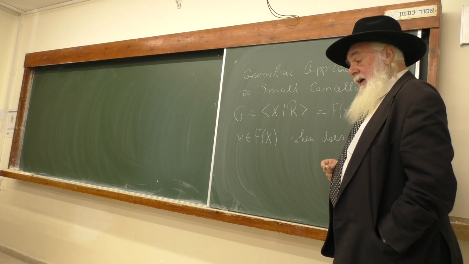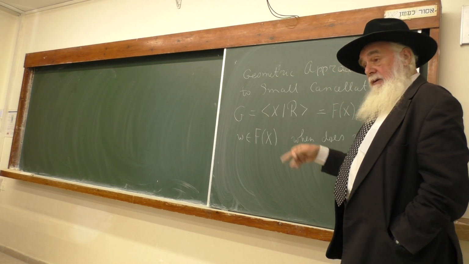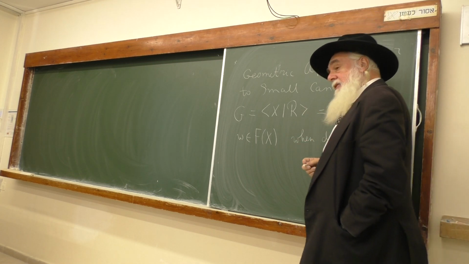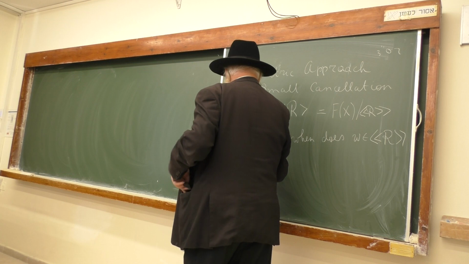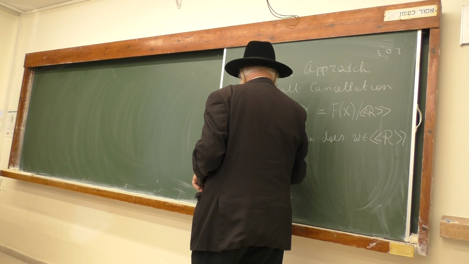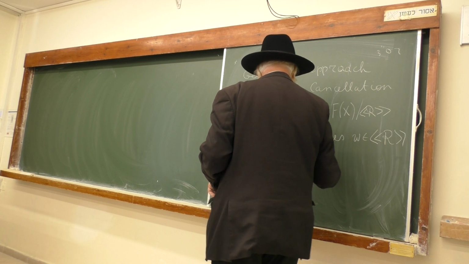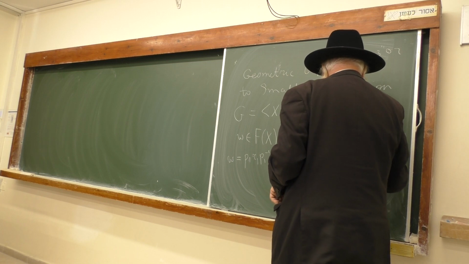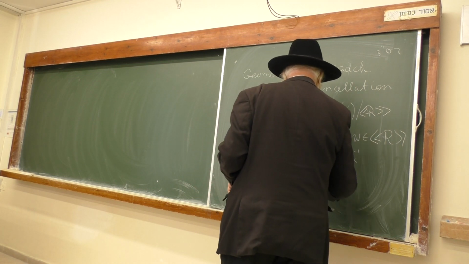As I told, we can assume that R is closed under cyclic permutations and inverses. In this case, we can just write W as a word, say P1 R1 P1 minus 1 times P2 R2 P2 minus 1 up to Pk Rk Pk minus 1, where R1, R2, up to Rk are all relators.